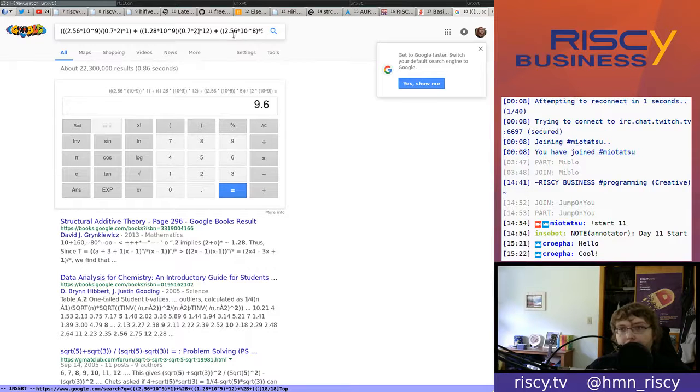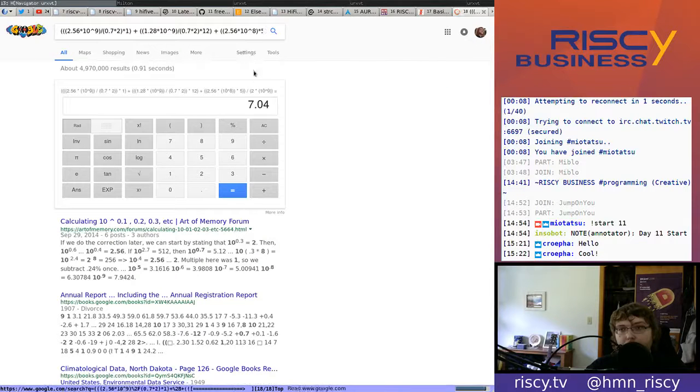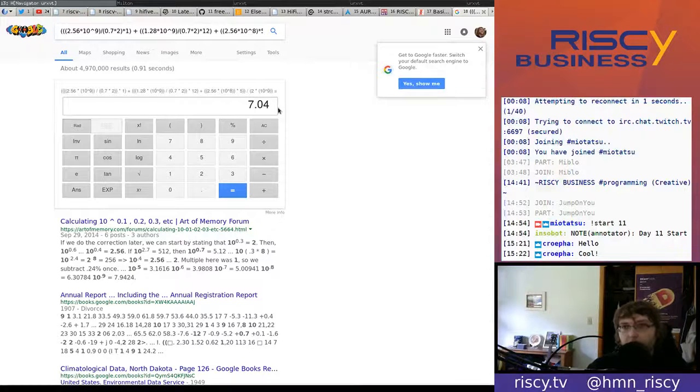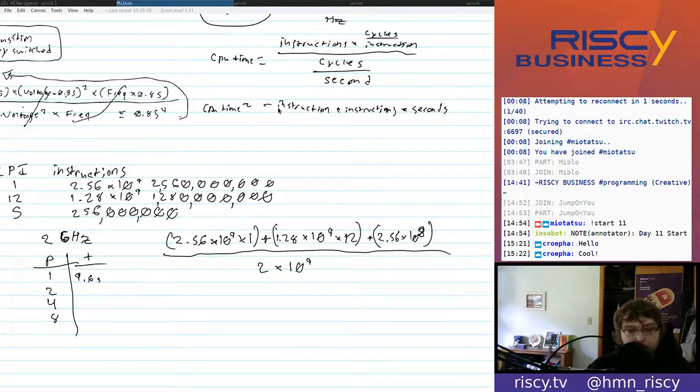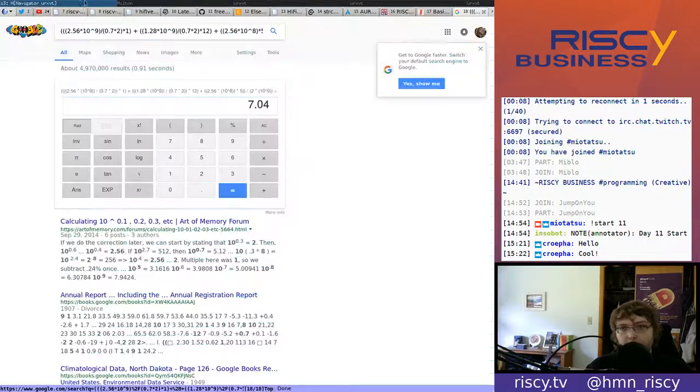And then because these are the branch instructions, we're supposed to leave that part of it alone, according to the question, if I understand it correctly. So if we do that, we get 7.04 seconds for 2 cores. And then we go on to 4 cores.